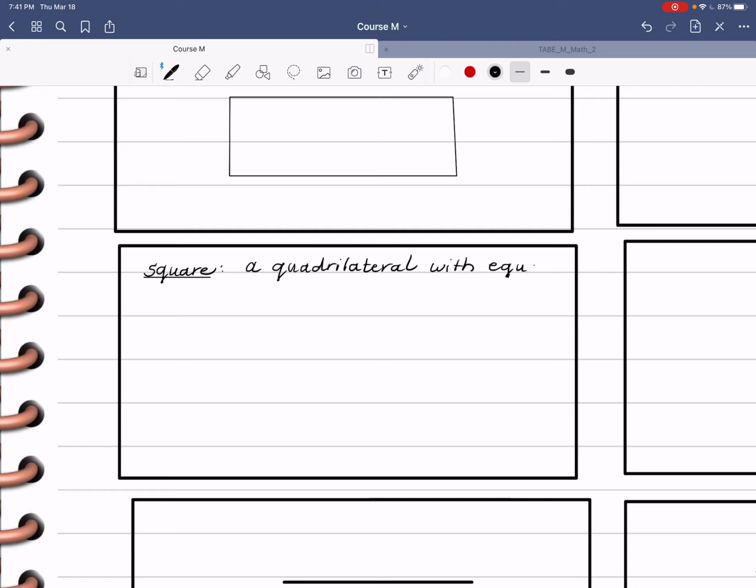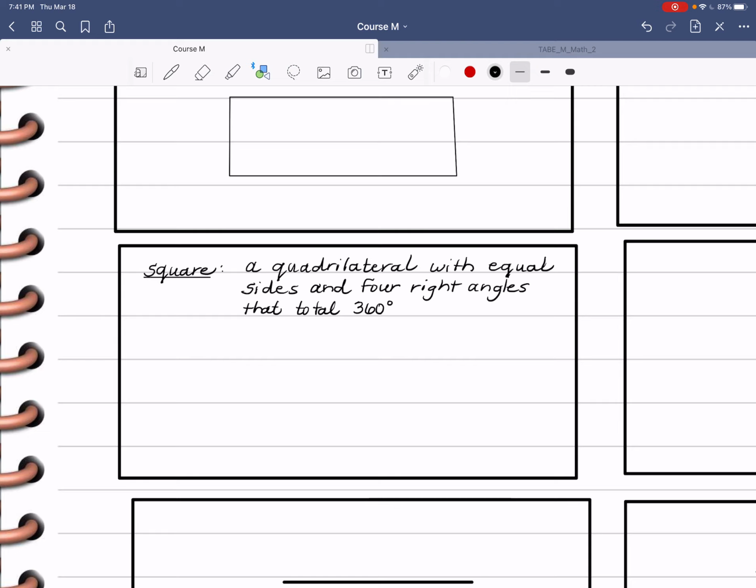Squares must have congruent equal sides. And there's something else. Four right angles that total 360 degrees.